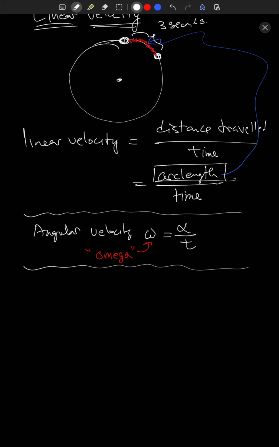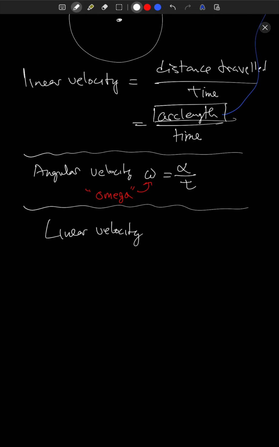Okay, so linear velocity, we're just going to use v, because it fits more closely to what we think of as the word velocity. So this is going to be arc length over time. Remember, we like to use s for arc length.